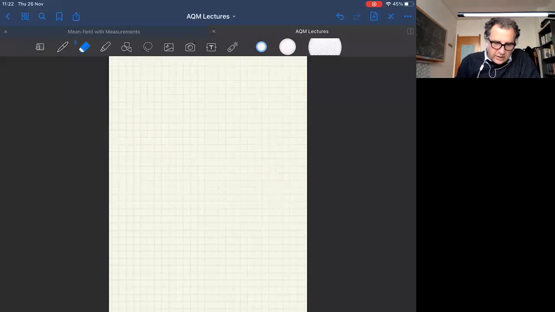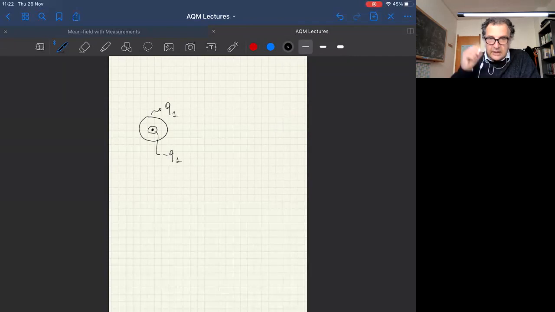Just imagine that you have a sphere with a hole. The sphere with this hole has positive charge Q1, and you put inside the sphere a negative charge minus Q1 in the center. And the same is true here.